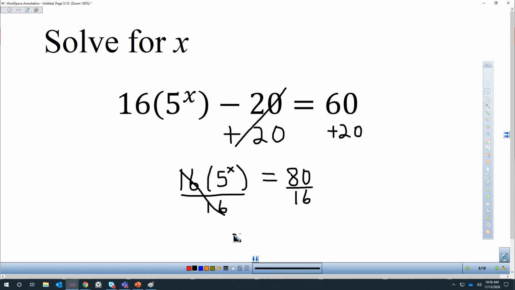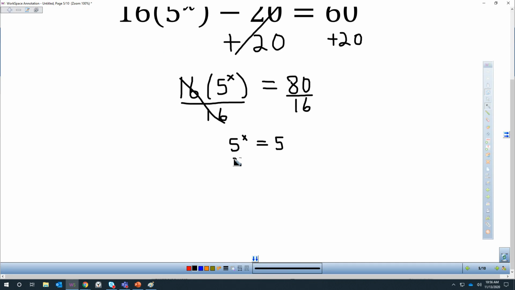So I'm just going to divide both sides by 16 here, and that will cancel out over here with the times 16, and we will get 5 to the x by itself is equal to 80 divided by 16, which is 5. You can use a calculator if you want to calculate that, but I just happen to know that it's 5. And so now I'm able to write this in log form.